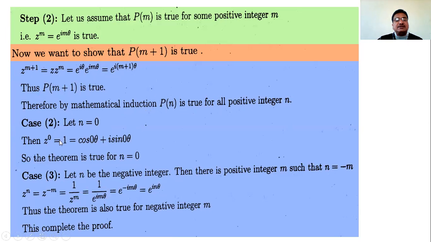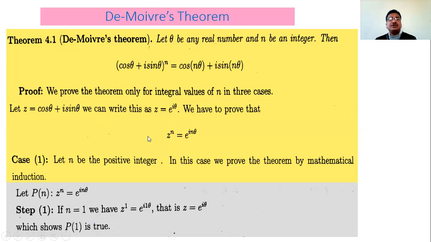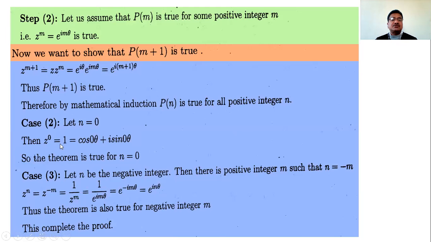This is case number 2, and the third case is when n is a negative integer. What we have to show is that z raised to 0 is e raised to i 0 theta. Z raised to 0 is 1, and cos 0 theta plus i sin 0 theta is cos 0, which is 1, plus i sin 0, which is 0, so this value is 1.